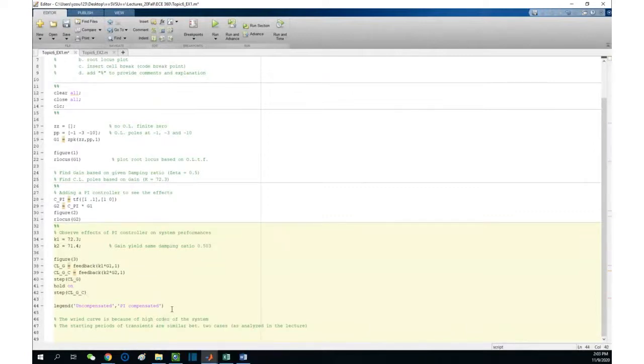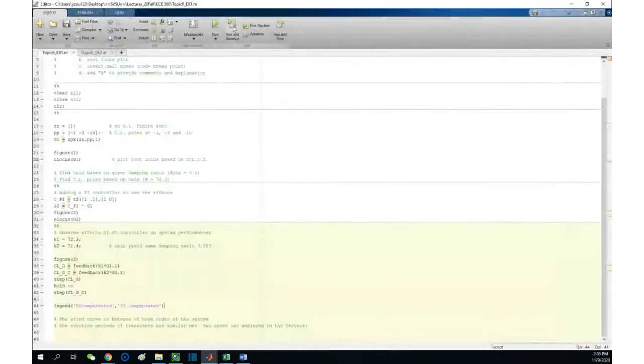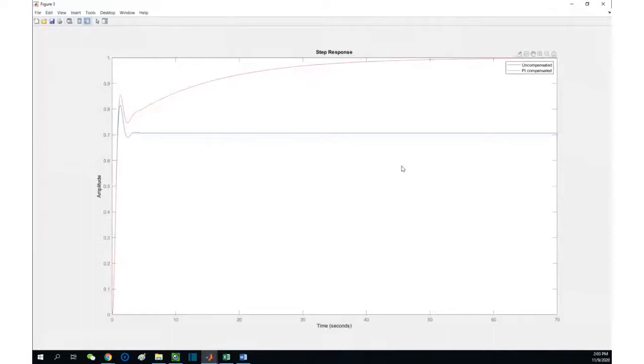Let's delete it for now. It's a MATLAB version issue. Anyway, this location is good enough. So the uncompensated system is, oh, the color becomes messed up. Here, blue and red. Blue is the original system. The red is after adding the PI controller.